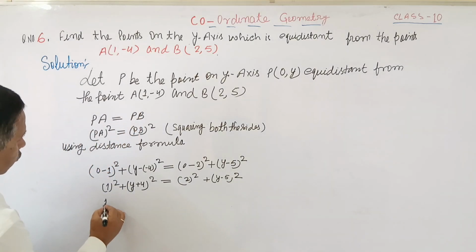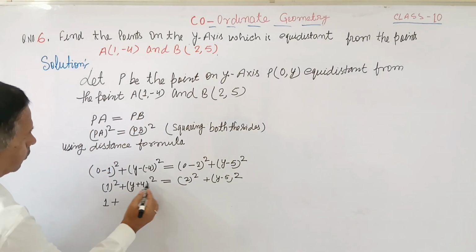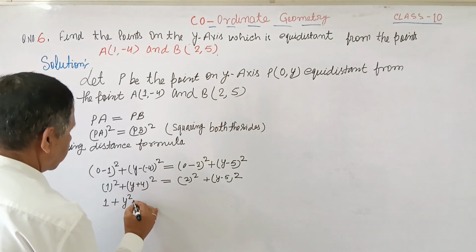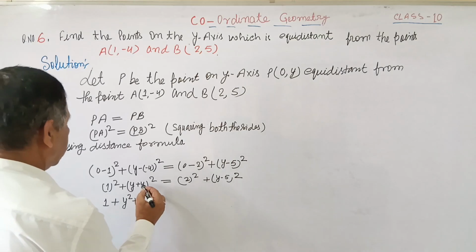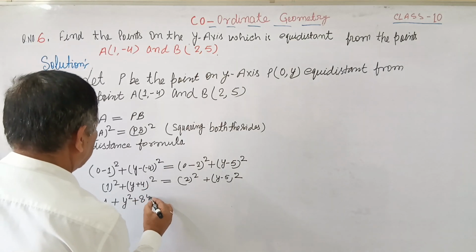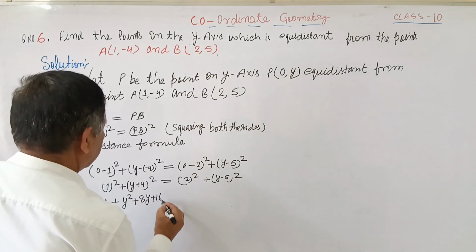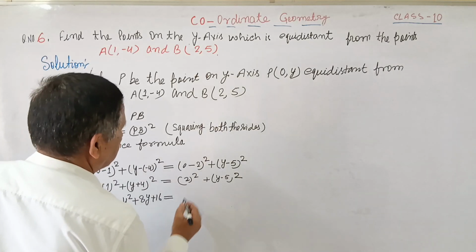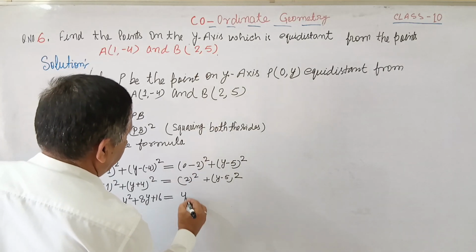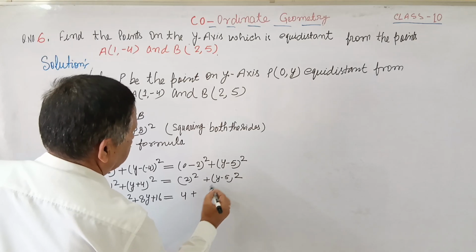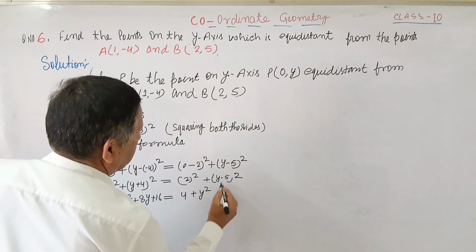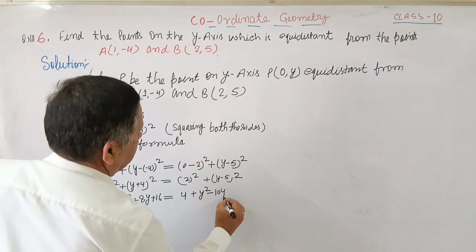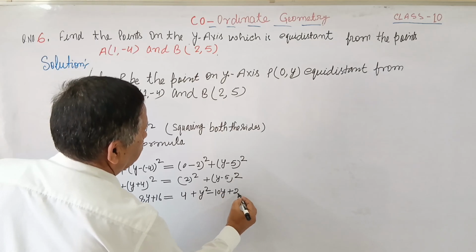So it will become 1 plus y plus 4 square means y square plus 8y plus 16 equals to 2 square is 4 plus y square minus 10y plus 25.